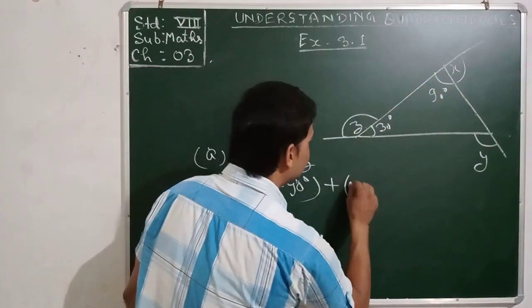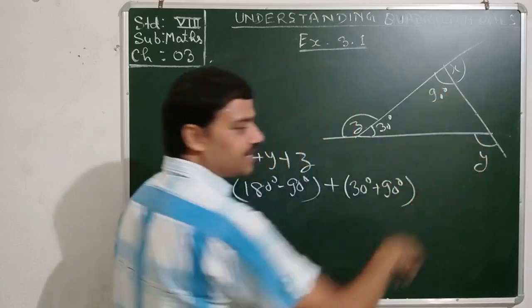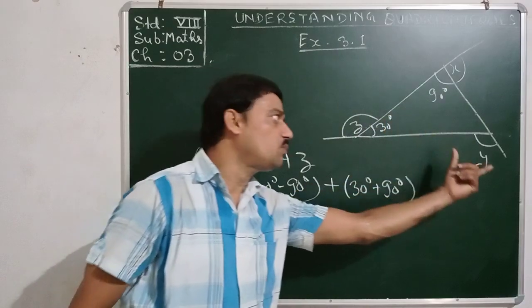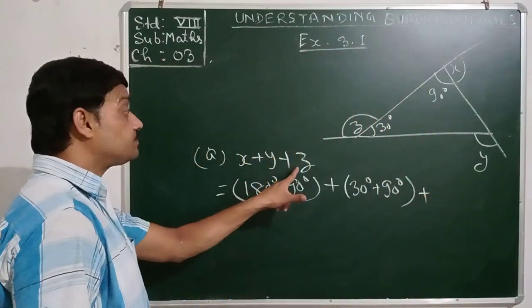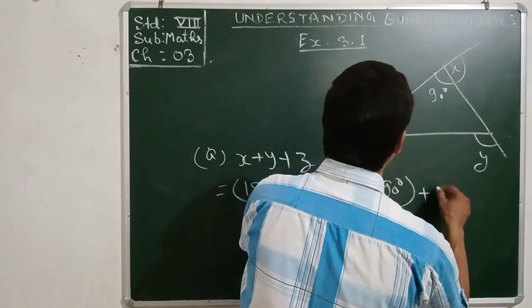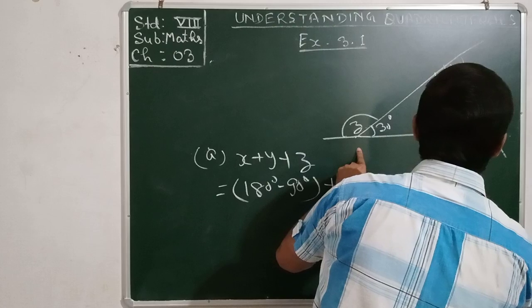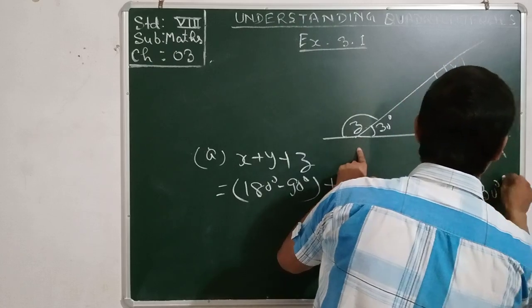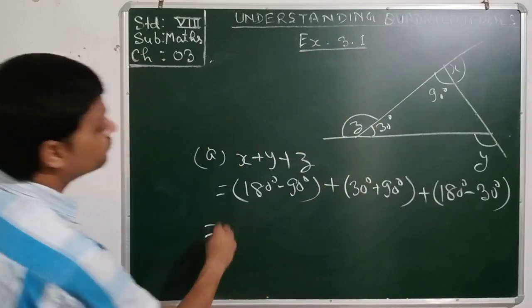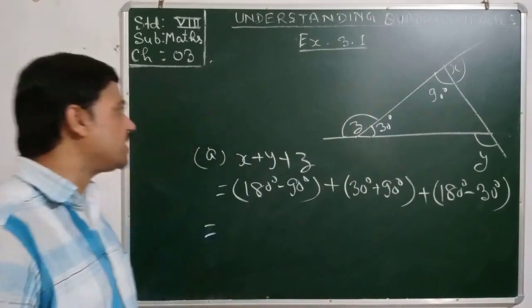So this will be 30 degrees plus 90 degrees. Measures of interiors are added to find the measure of the exterior. Then z. Z is the supplementary of 180 degrees minus 30 degrees. Now solve this, you will get the values of x, y and z.